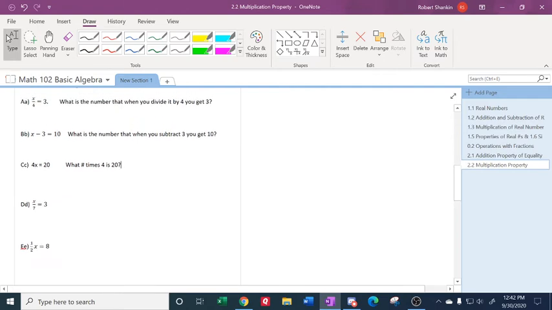Type these D and E into your group chat as well, and state the answer for each of these. Use that way of thinking that comes naturally when you write it out in words to then just state the answer.